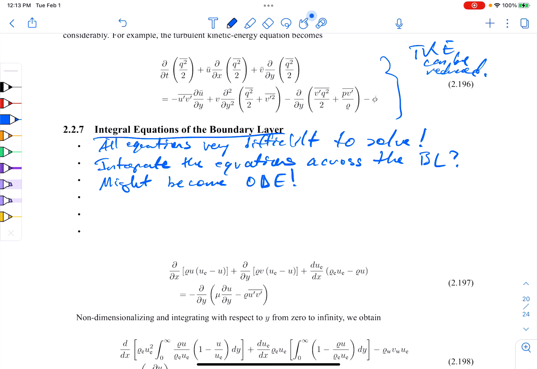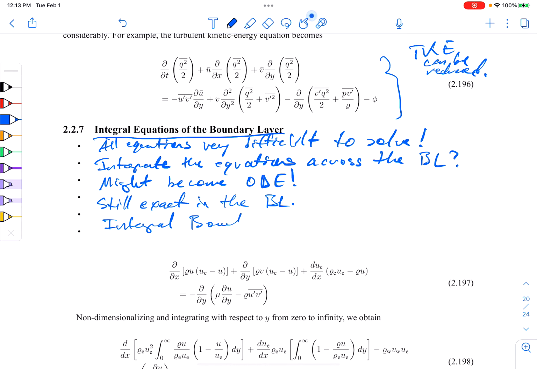But the good thing is, it's just a mathematical operation. We are integrating away some things, but they're still exact in the boundary layer, which is very good. So these are called the integral boundary layer equations.